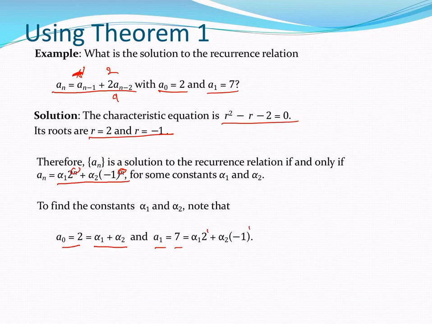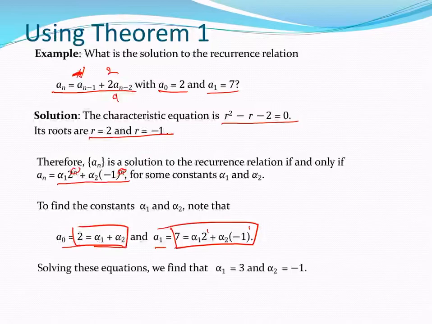Now I have two equations and two unknowns. I could solve for alpha 1, substitute the other equation, and then find alpha 2 and substitute back to get alpha 1. In the end, we get alpha 1 equals 3 and alpha 2 equals -1.